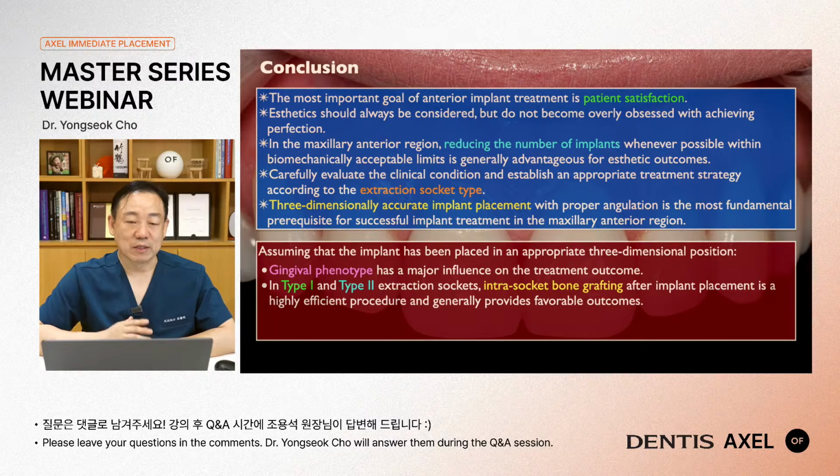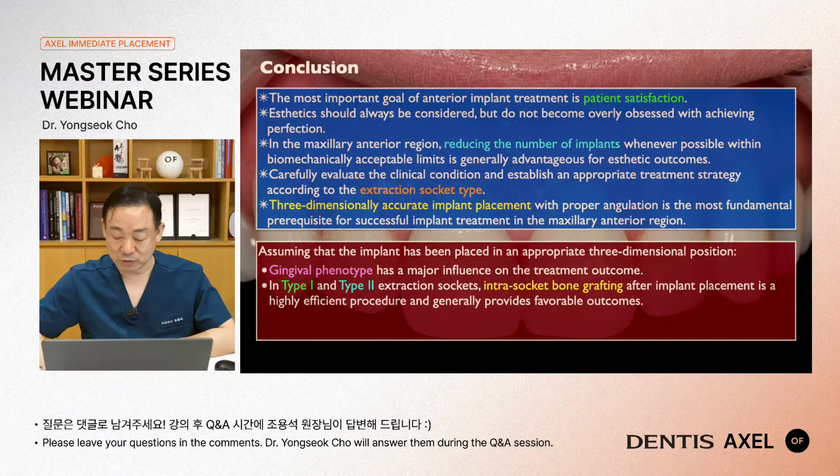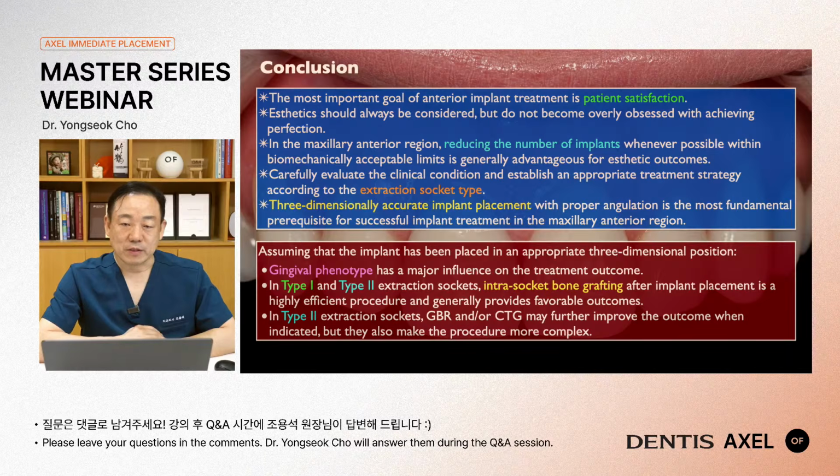So this is our general recommendation in most type 1 and type 2 extraction sockets. In type 2 extraction socket, when you open the flap, you have to do GBR, or sometimes to make a perfect case, we add a CT graft, which improves the outcome better than other ways. Do this when it is indicated, but it also makes the procedure more complex.